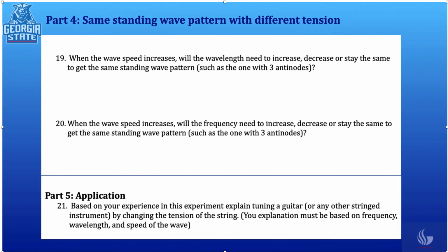For example, the tension in guitar and violin strings is varied by tightening the pegs on the neck of the instrument. Once the instrument is tuned, the musicians vary the frequency by moving their fingers along the neck, thereby changing the length of the vibrating portion of the string. So you can discuss it in any manner, whether you are talking about the length, the frequency, or the speed of the wave.